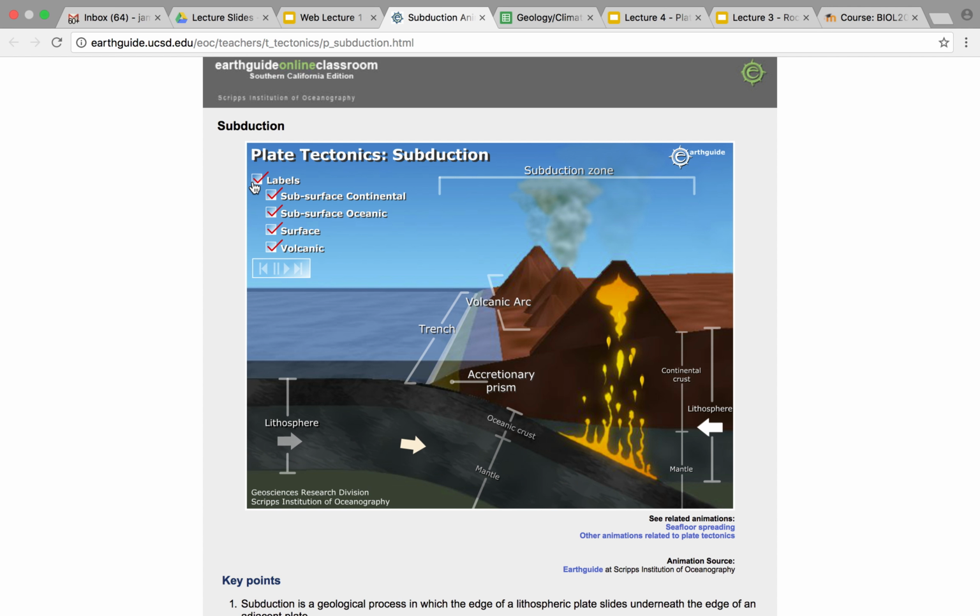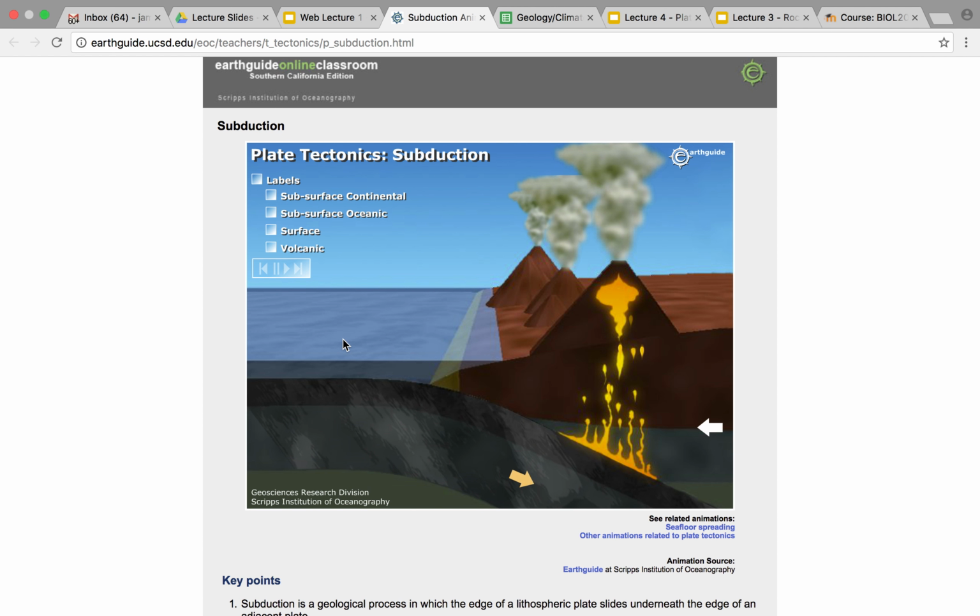So again, you have the oceanic plate, because it's made of basalt and gabbro. It's comparatively dense material. It's subducting below the continental crust. There's this accretionary prism here. It's the ocean sediment basically getting scraped off of the plate as it moves down.